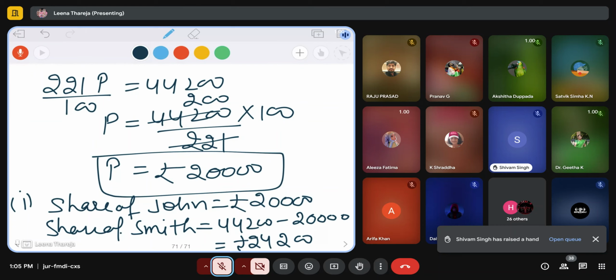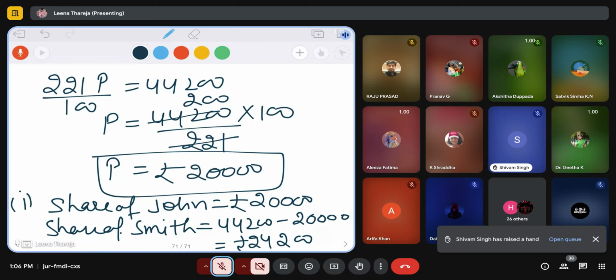In the second part, what did they ask? What will each receive when 16 years old?